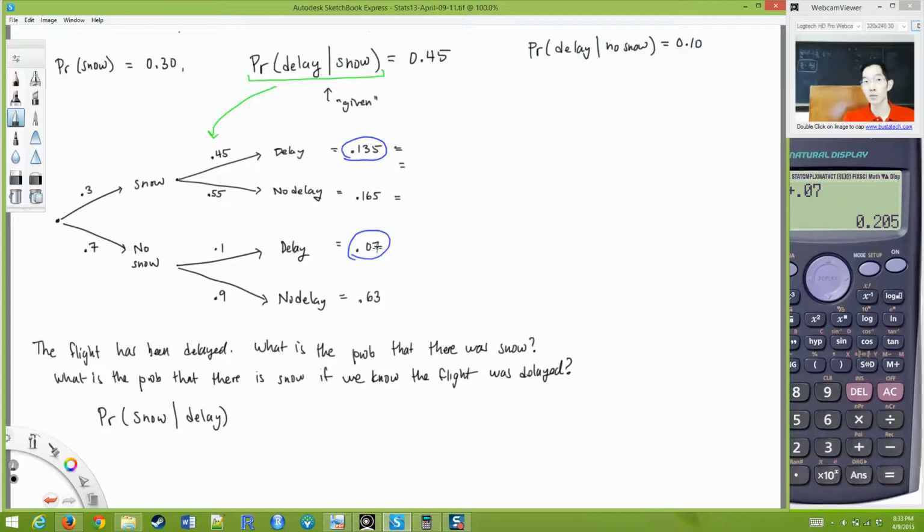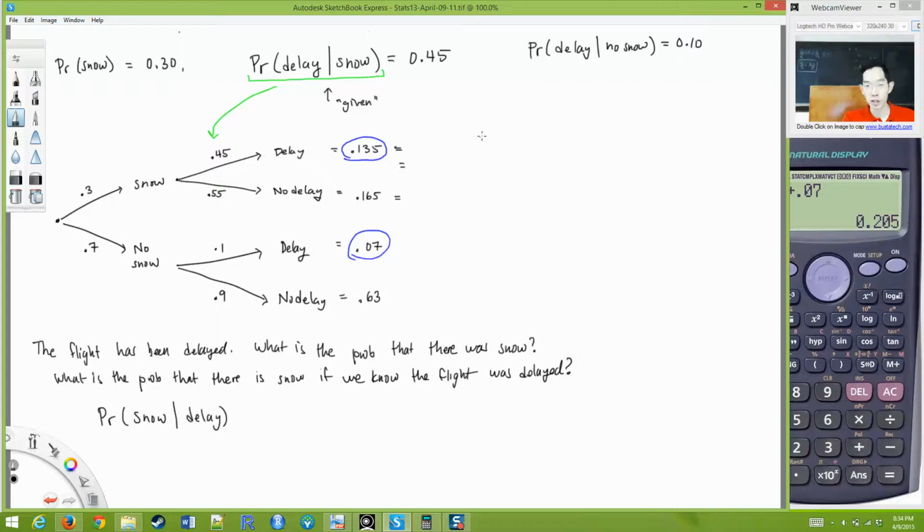Once we know that there's a delay, this no delay situation is impossible and this other no delay situation is impossible. So we're limiting ourselves to just the world of delays, and we want to know, of that world, what's the probability that we went down the path with the snow?